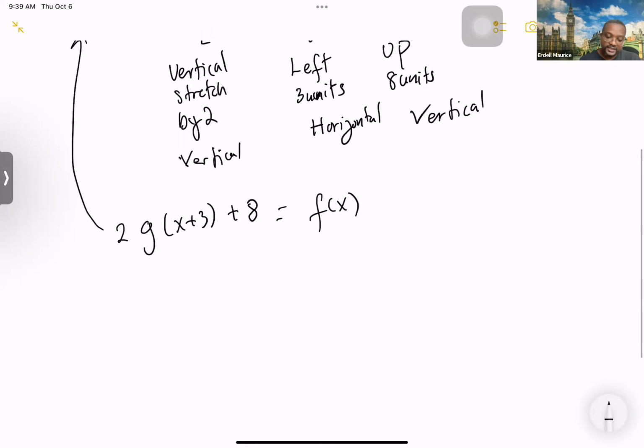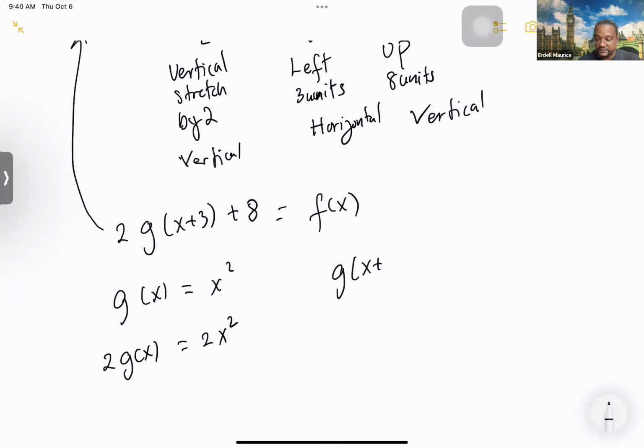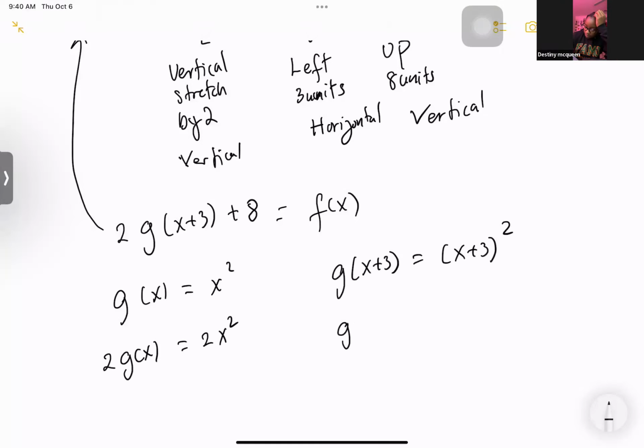Let's say g of x is equal to x squared. Then 2 times g of x means 2 times x squared. If I say g of (x plus 3), that means (x plus 3) squared. If I say g of x plus 8, that means x squared plus 8.